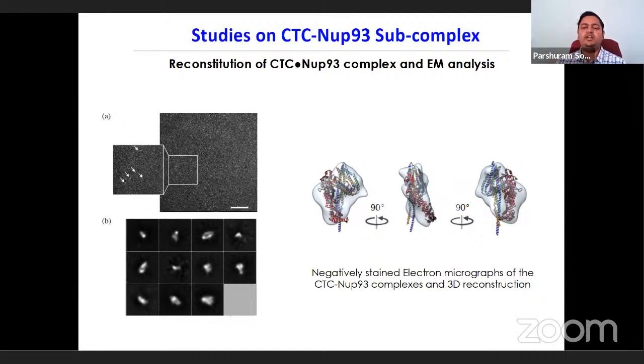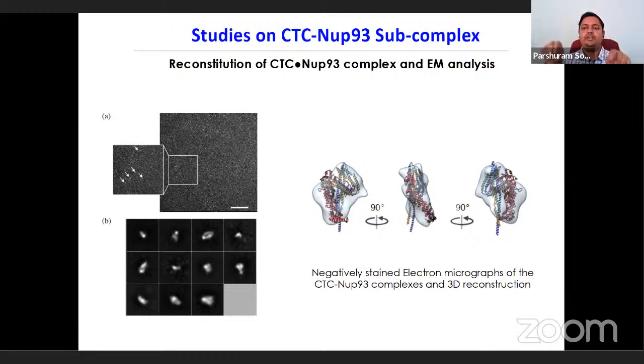Under the electron microscope, we could see small particles. In our lab, we take different micrographs from the sample and use computer algorithms to understand the structure.